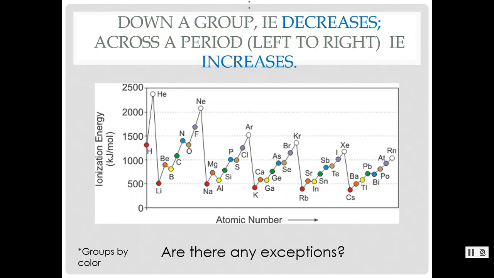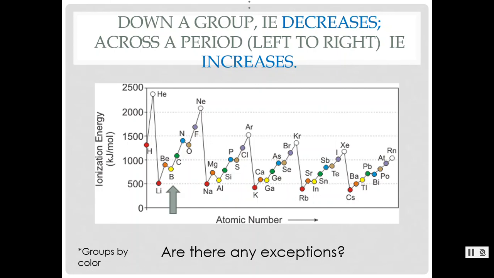You can see that also in this chart, but you also see that there are two exceptions that we're going to highlight. One of those involves beryllium, this little part here when going between beryllium and boron.